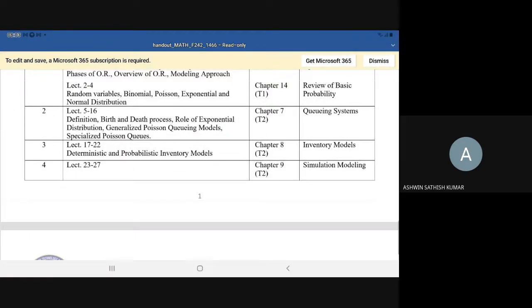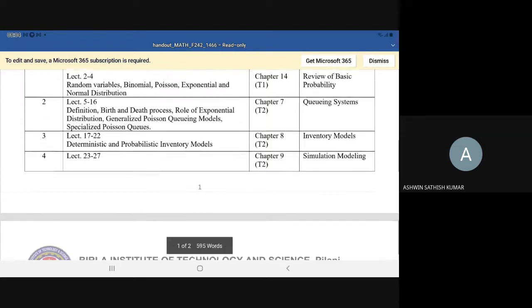Here we will discuss the mathematical modeling of situations of congestion and waiting. We have to wait at every point, whether in a grocery shop, over telecommunication, or over a computer network. So how can we do the mathematical modeling? That we will cover in this module.